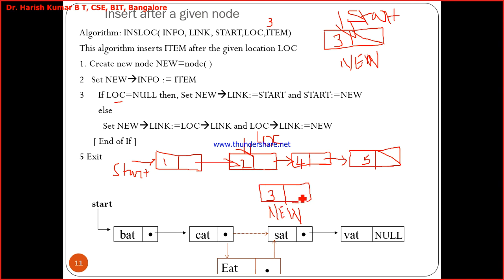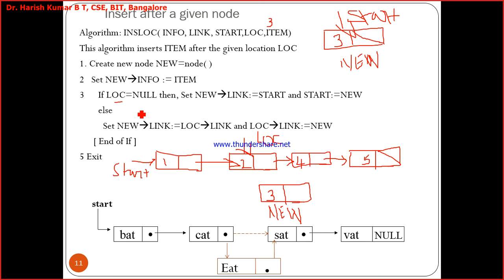See here, new arrow link is this field. Now I want to store something in this field. What do I need to store? If I'm inserting this node between these two, what should come here? Address of the node with info field 4, next, this node. The address of this node should come here.